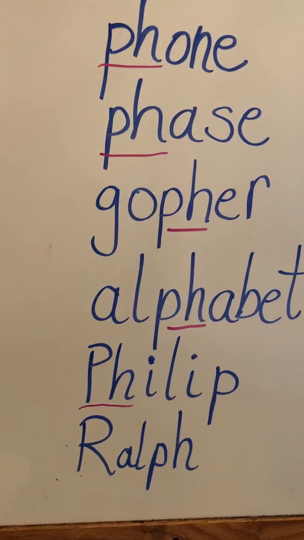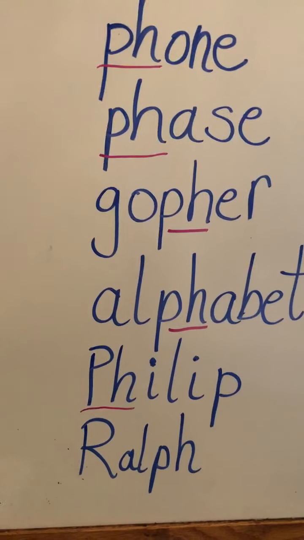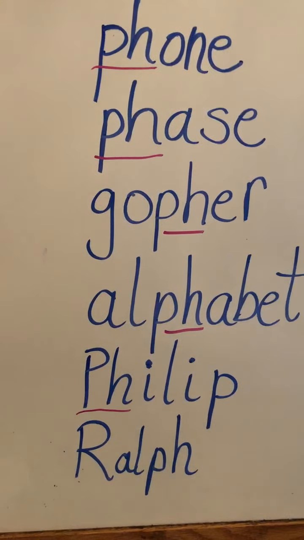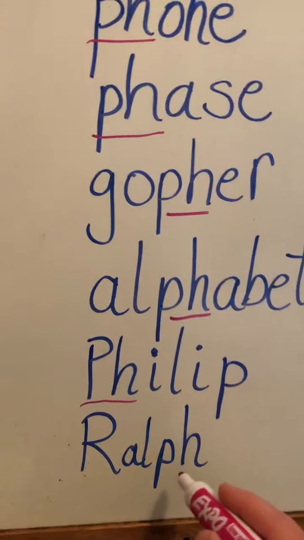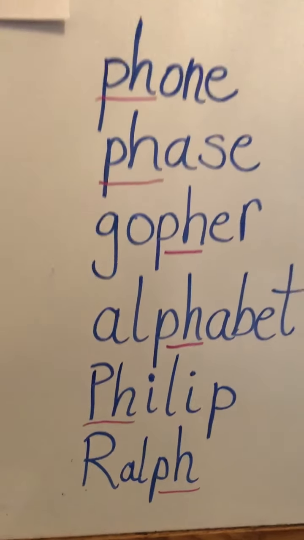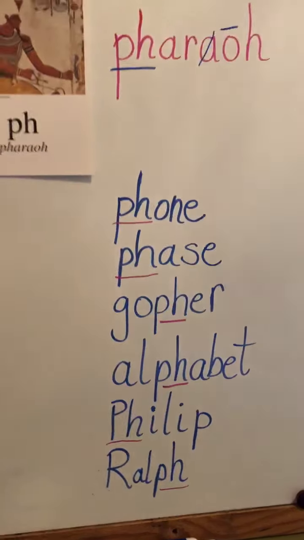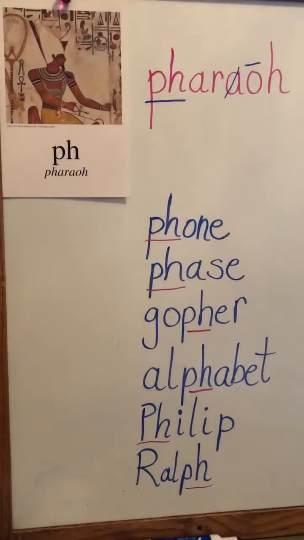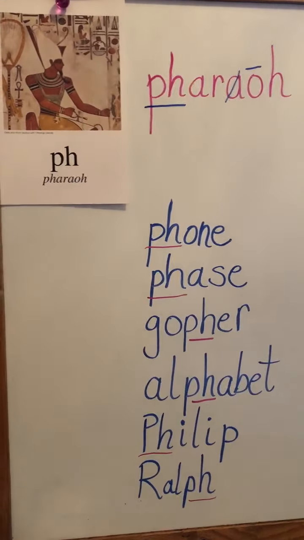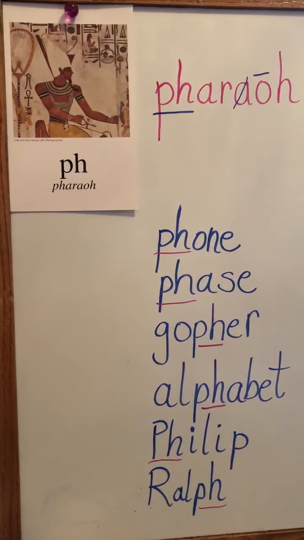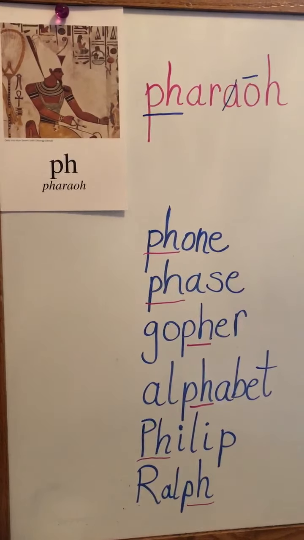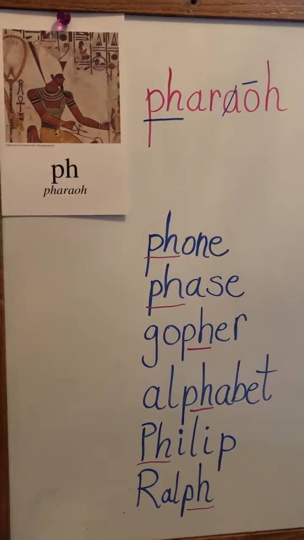You would think it would be R-A-L-F, but that isn't the way this is spelled. It's R-A-L-P-H. So be on the lookout when you are reading words. There aren't too many that are like this, but when you see that PH together, you're going to know that it will say F, and it will be much easier for you to sound out the word.